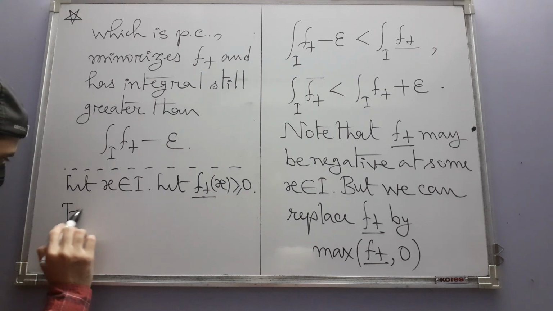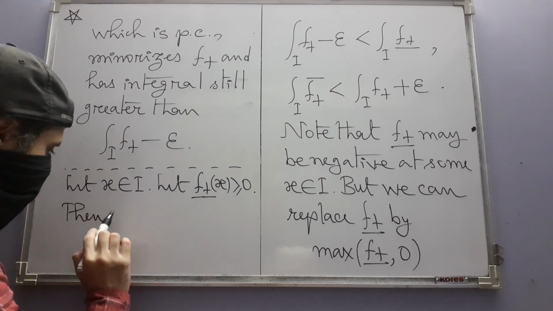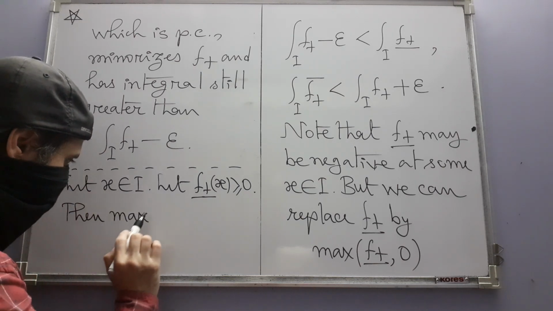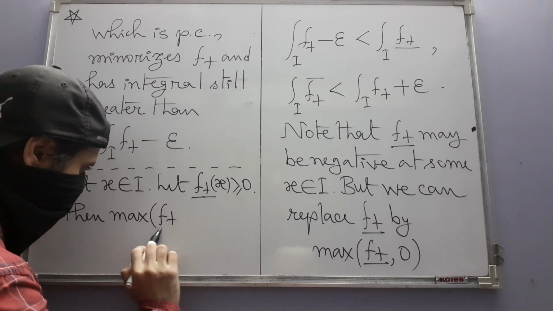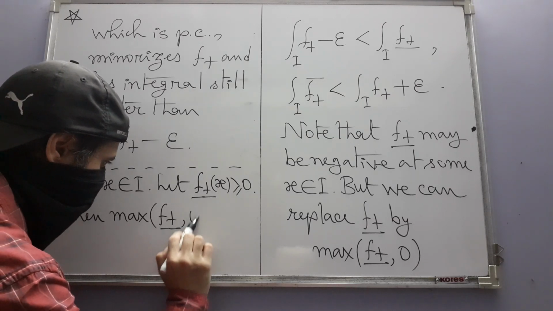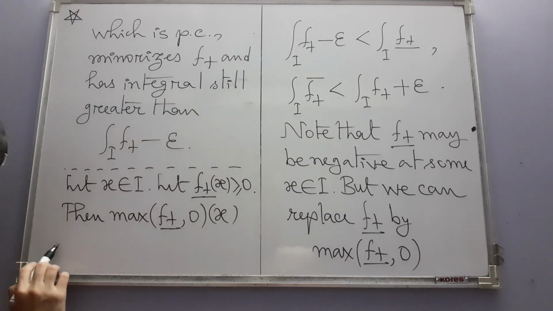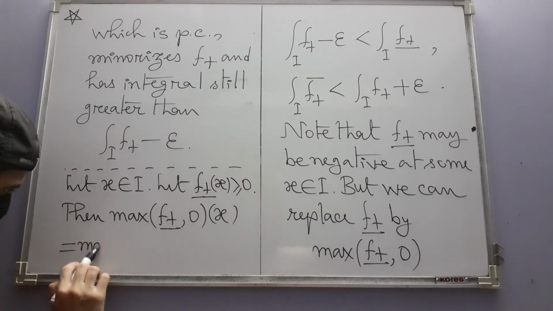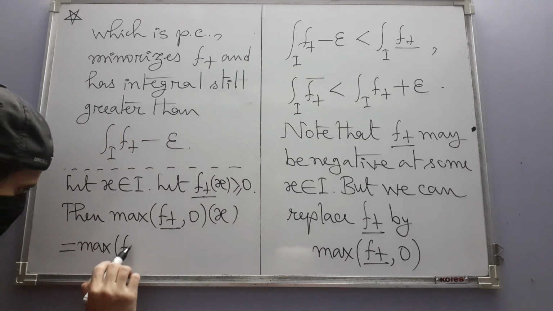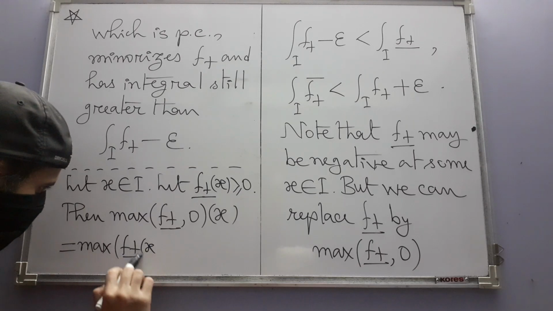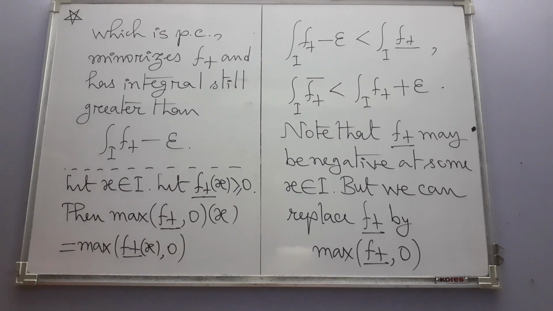Then what is this function value at x? By definition, this is the maximum of this and real number 0.